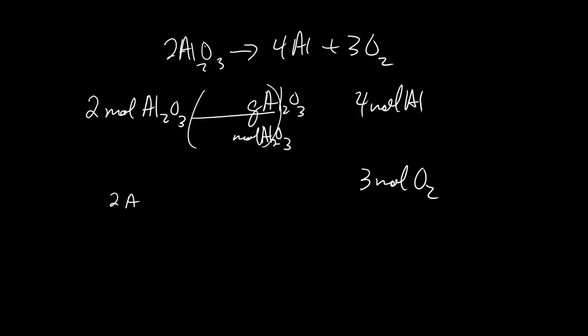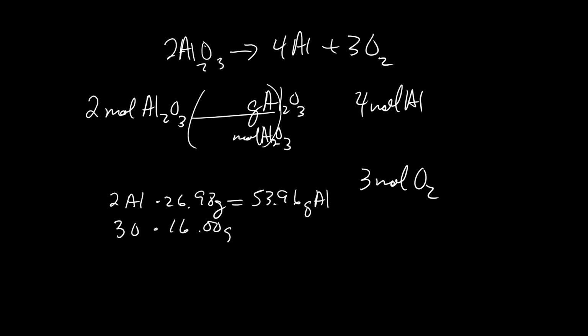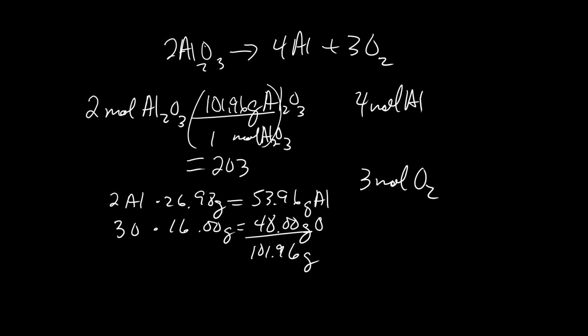And 2 aluminums times 26.98 grams is 53.96 grams of Al. 3 O's times 16.00 grams is 48.00 grams of O. So altogether that weighs 101.96 grams. And 2 times that is 203.92 grams.